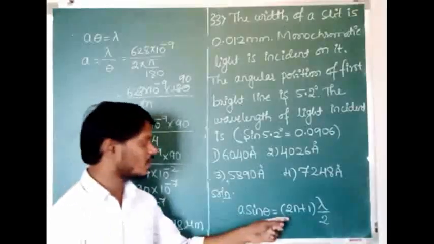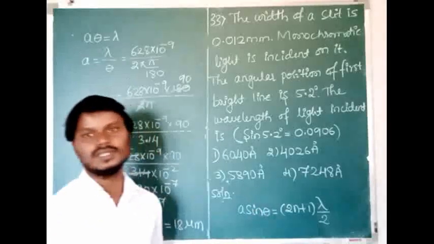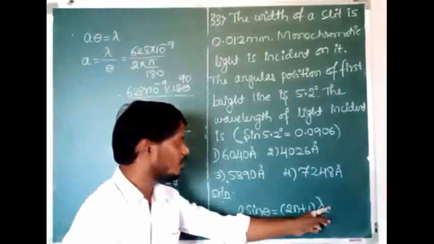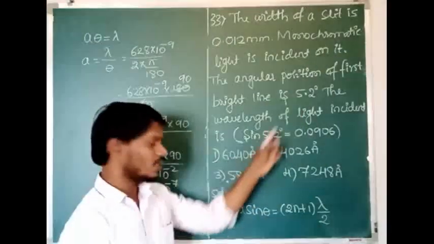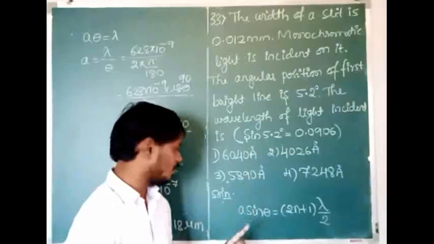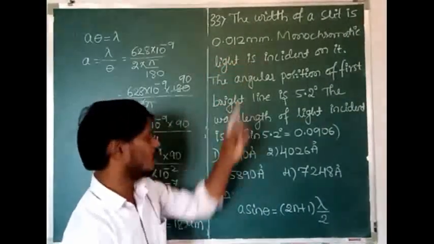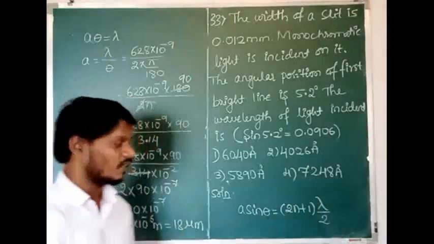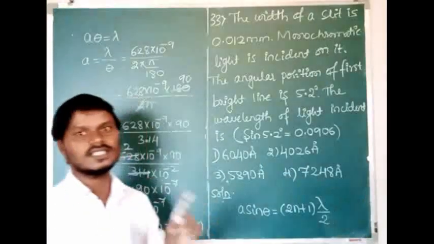What is the path difference for the maxima? 2n plus 1 into lambda by 2. Okay. What is our aim? Our aim is to find lambda. Theta is given as 5.2. Sin 5.2 is 0.0906. A is given as 0.012 millimeter. Then find lambda. Then n is nothing but 1, because first bright line. First means here n is 1.